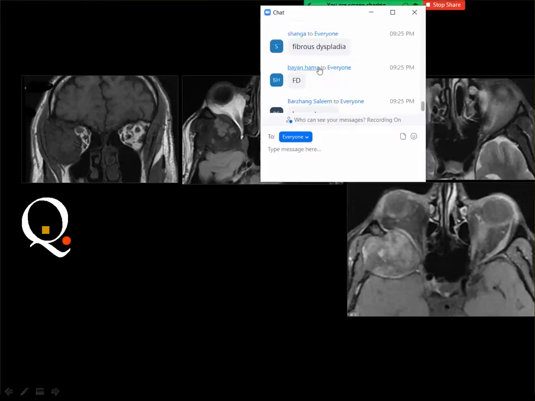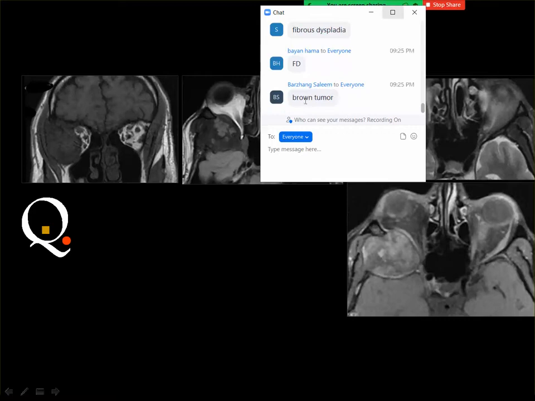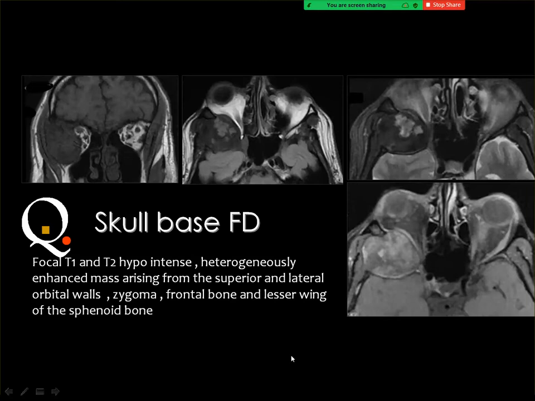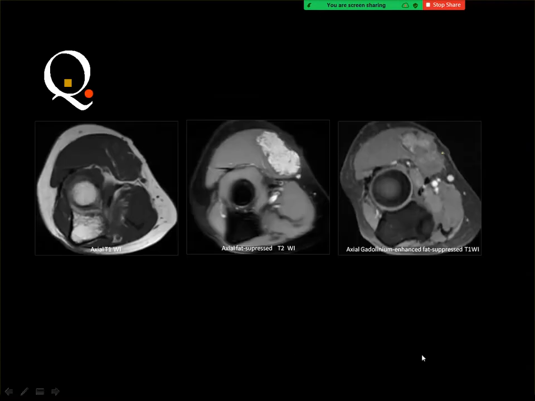Fibrous dysplasia is the right answer, but the brown tumor of hyperparathyroidism needs some clinical data to support this diagnosis. But this is fibrous dysplasia and a good diagnostic possibility. Of course, it's difficult to diagnose fibrous tumors by MRI because of the abnormal signal, but the plain film may be even more beneficial than the MRI.